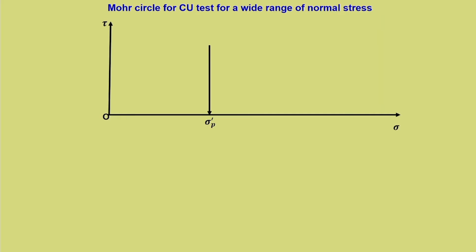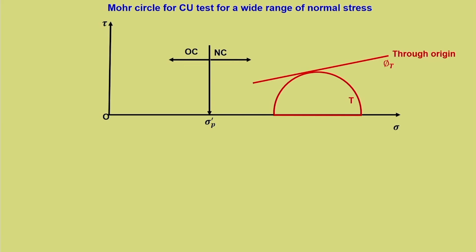Sigma dash p is the pre-consolidation pressure which divides the behavior into OC and NC. Let us say the total stress circle for NC gives phi t, and this passes through origin. The effective stress circle and the failure envelope, which is denoted by phi dash, also pass through origin.